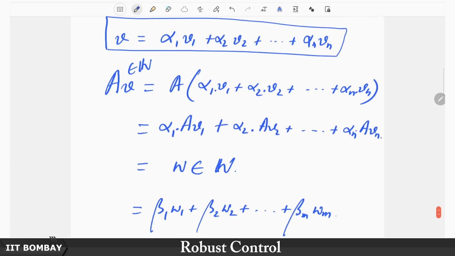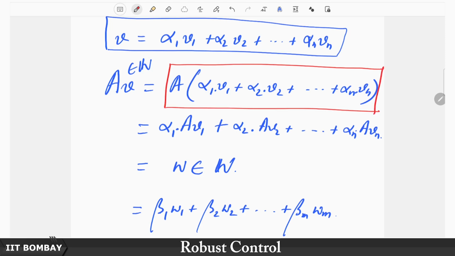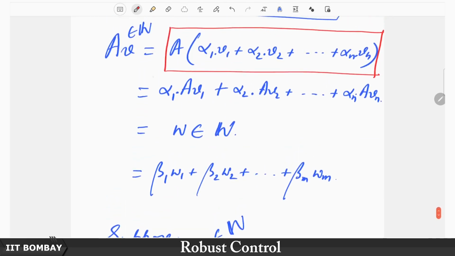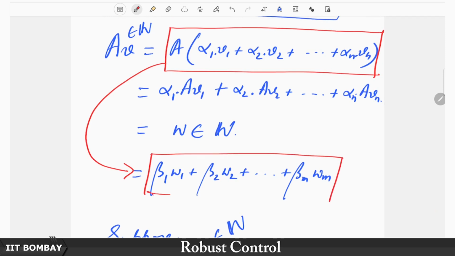Remember this. Let me use a different color here to highlight this part of the equation. Remember this box part and this part. What we are going to make use of is this box part. This is equal to this.